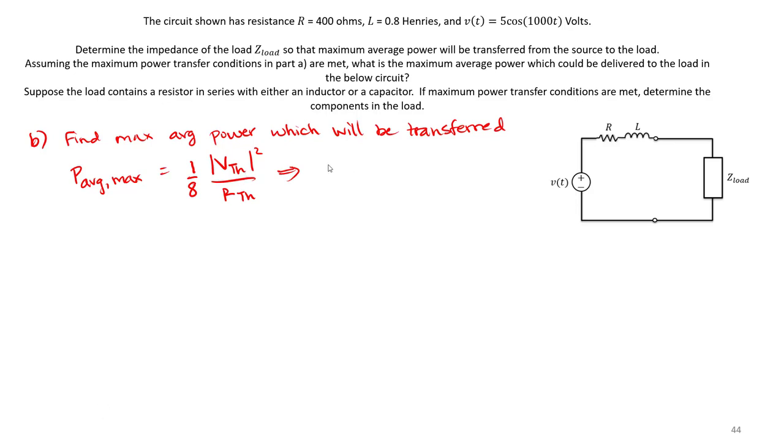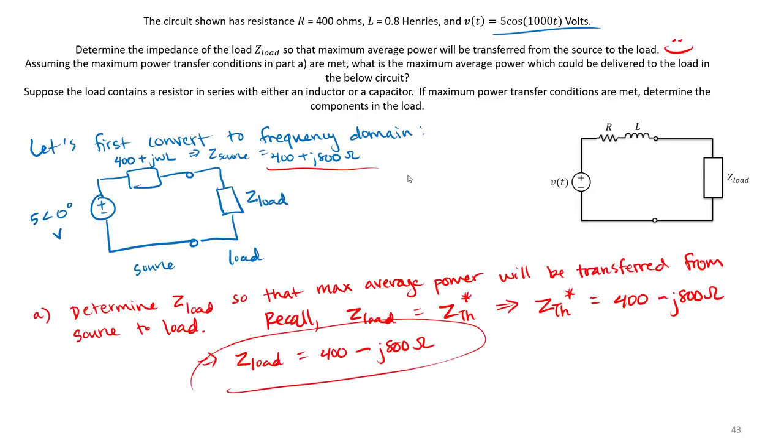So we just have to substitute everybody in, and we get 1/8 times, notice here, the magnitude of our Thevenin voltage is, in this case, just 5. So 1/8 times 5 squared divided by the real part of our Thevenin impedance of our source. Well, the real part is just 400 from our 400 ohm resistor.